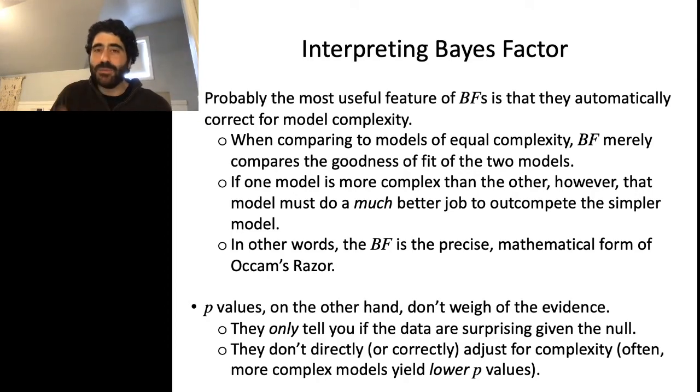And so as you add more and more predictors, it's kind of easy to reject the null, in the sense that almost certainly one of them is going to relate to something in the sample, even if it doesn't in the population.